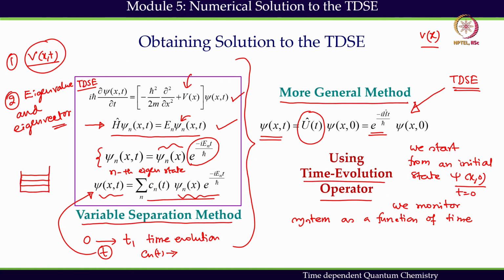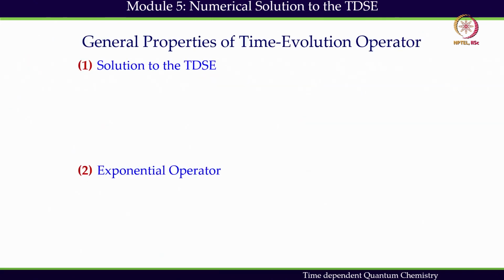Before we present the numerical implementation of the time evolution operator, we will go over some of its general properties, because that will help us understand its meaning. Different properties will help us, and the numerical implementation also will be much easier once we understand the meaning of this expression.